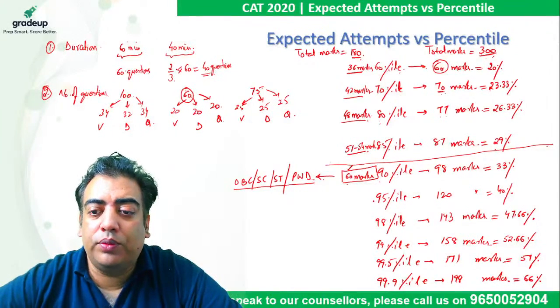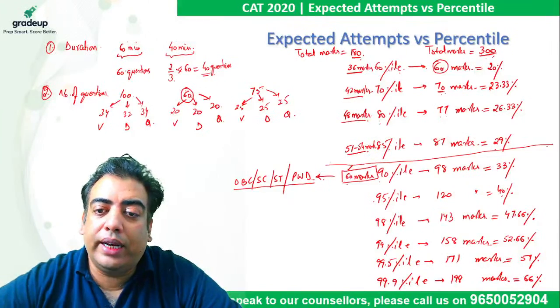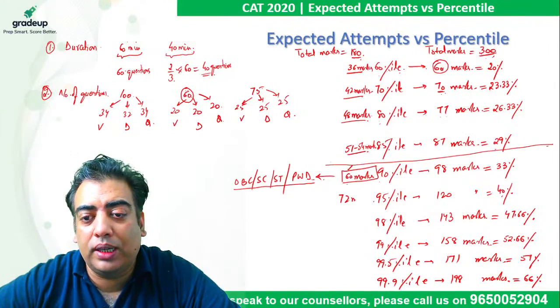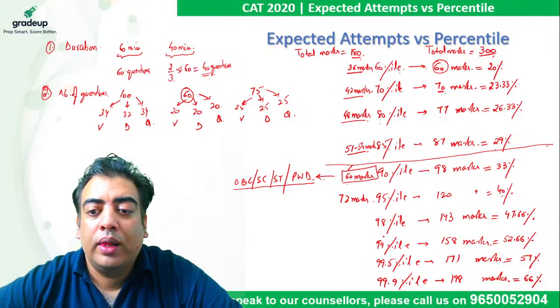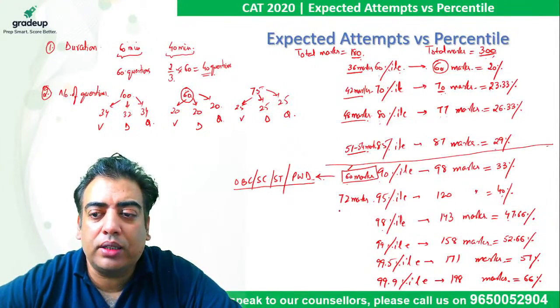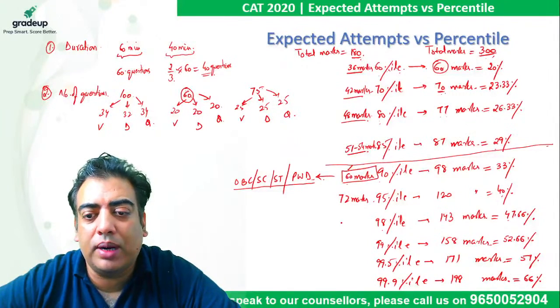Okay, so while moving to 95 percentile now, you are required 40% of 180, which is around 72 marks. At 98 percentile, you are required around 48% of 180. So that comes out to be, I'm going to write around 12 to 15 marks to this, right? Around 15 marks, let's say.